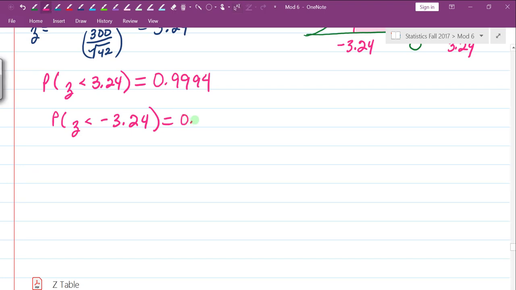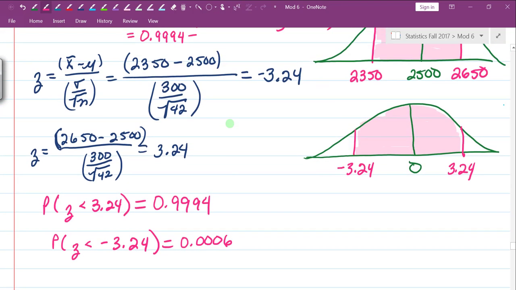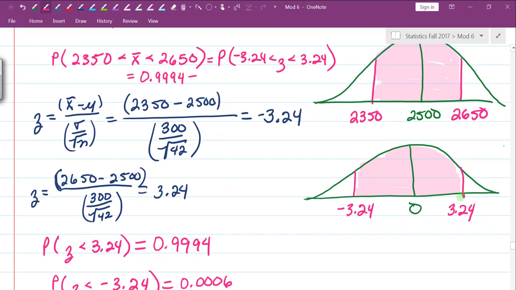So I know that from here all the way out to negative infinity is the 0.9994. I know that this area right in here is 0.0006. So if I subtract this off of the part that goes all the way out to negative infinity, I'm left with just the part in the pink.